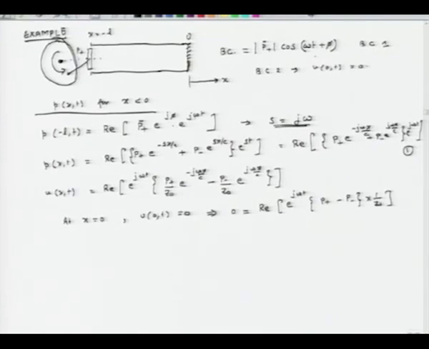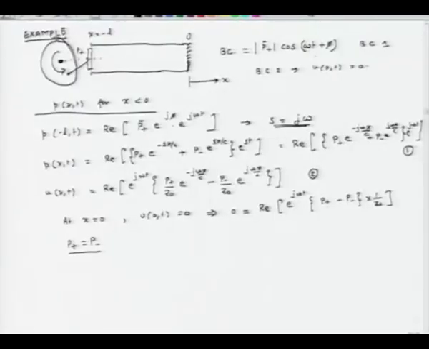So, from this particular boundary condition, this can be true only if P plus minus P minus is by itself 0, because it has to hold valid for all values of time. So, that gives me P plus equals P minus. So, the implication of a rigid boundary condition in a waveguide is that P plus is equal to P minus.